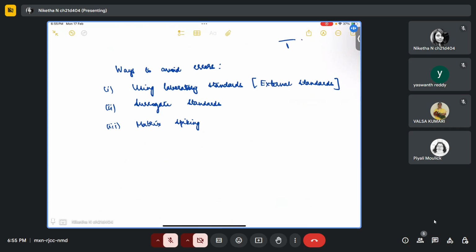So, what is matrix spiking? Can someone explain? First of all, what is matrix?